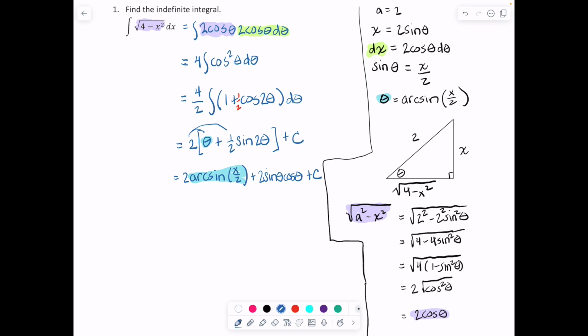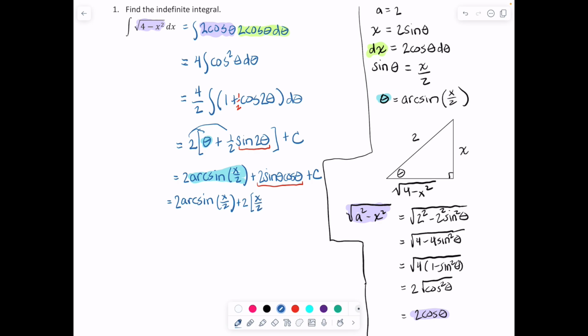I used a trig identity, by the way, for sine 2 theta. And then we will have 2 arc sine of x over 2 plus 2 times sine theta, which is x over 2.